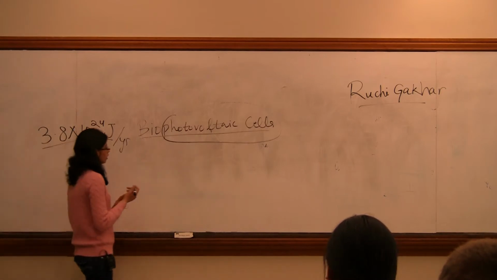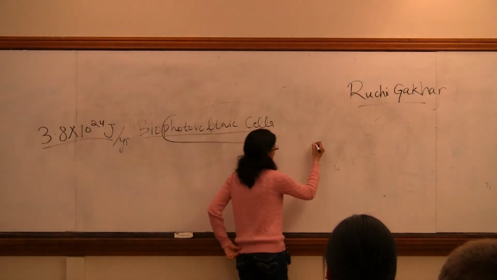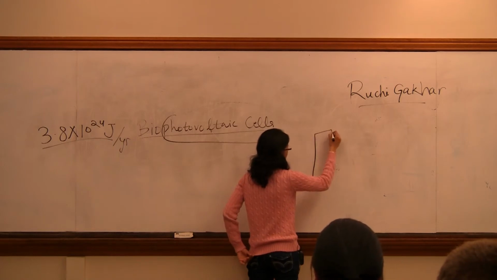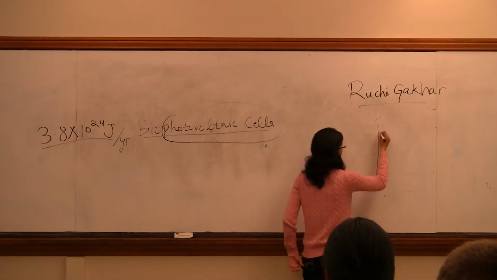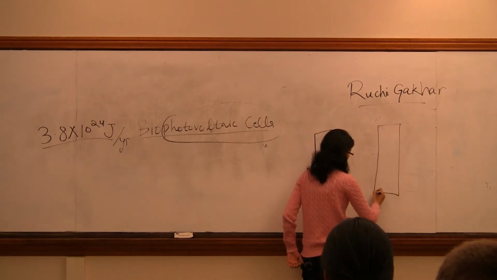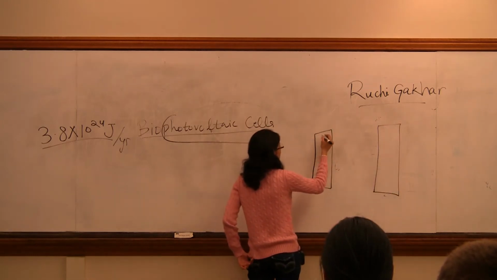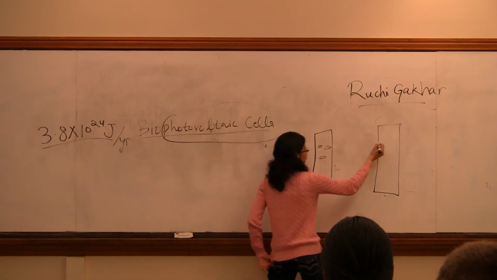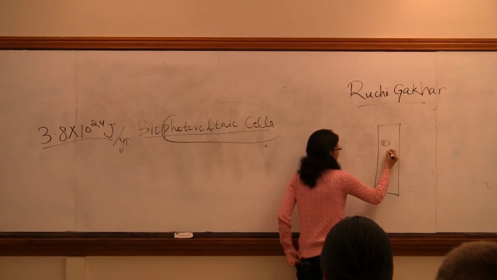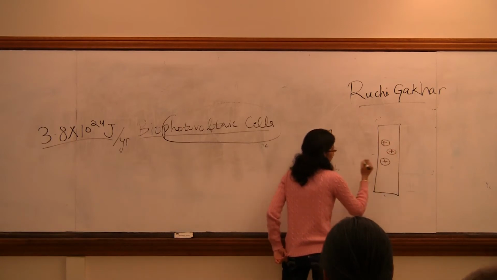So how does a solar cell work? It consists of two semiconducting layers. One is rich in electrons and other is deficient in electrons.